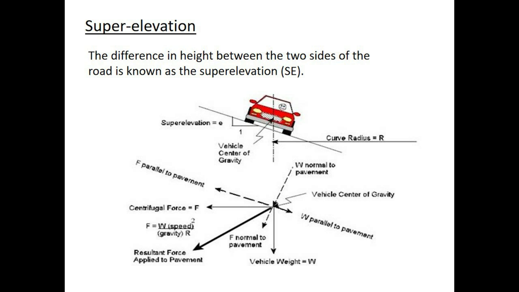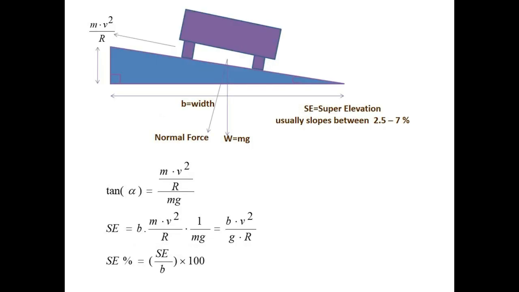So we need to know what super elevation means. Super elevation is basically the difference in height between the two sides of the road. So in this figure we can see there's a slight elevation on the outer surface of the road. This is super elevation. So looking at this figure, we can derive the formula for super elevation. The centrifugal force to the center is given as mv square by r.